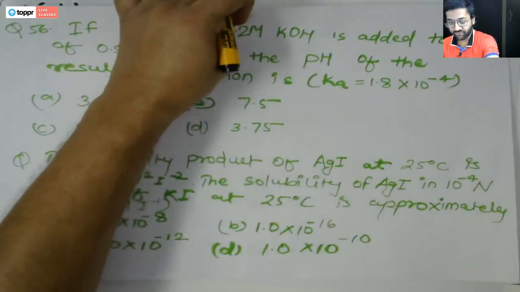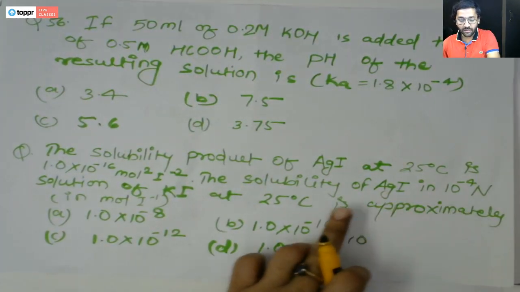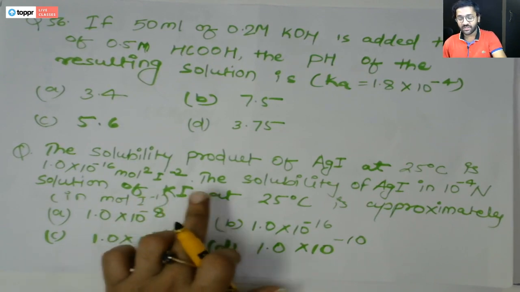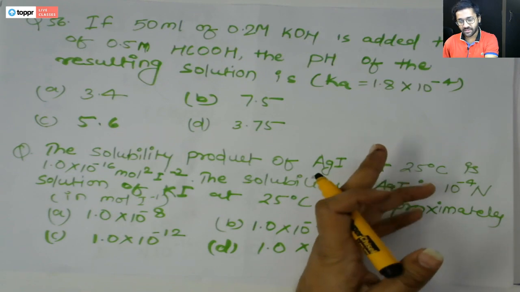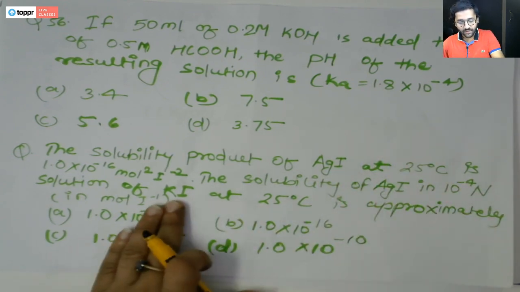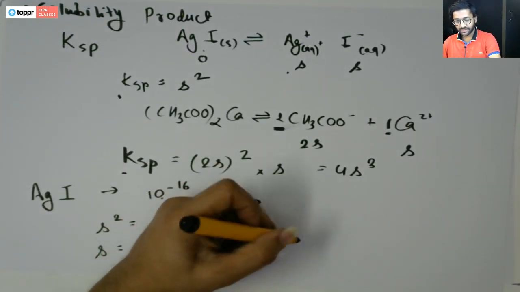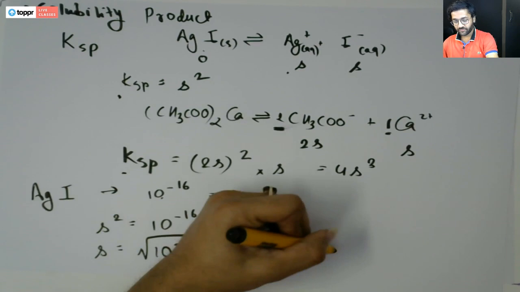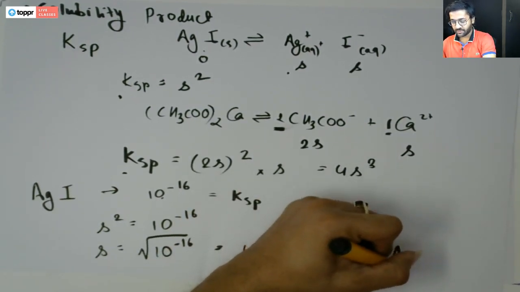Now further what we see is that we have added KI, which is 10 to the power minus 4 N, which can also be considered as 10 to the power minus 4 M in this case. So here these are the solubilities of I minus and Ag plus.